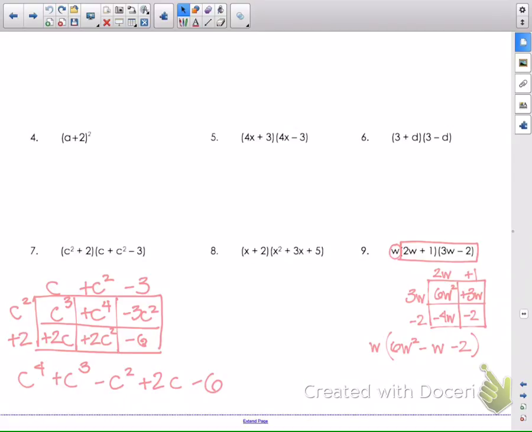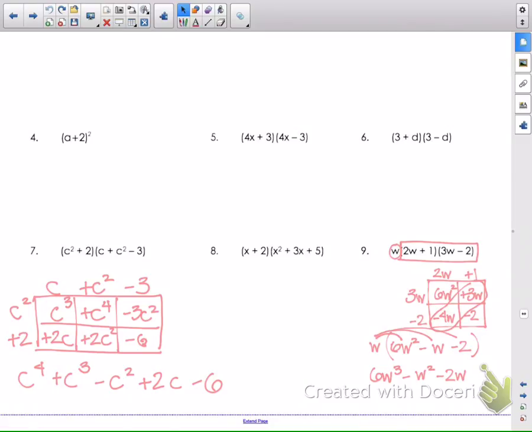We combined that with this and got negative 1W in the middle. Once I distribute my W, that's a W to the first, what's that going to give me? 6W to the third minus W squared minus 2W.